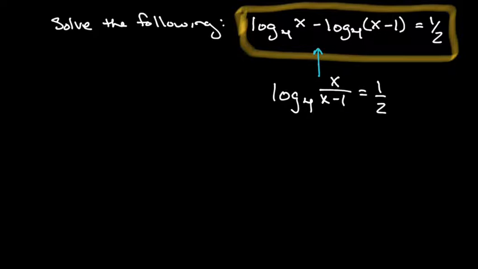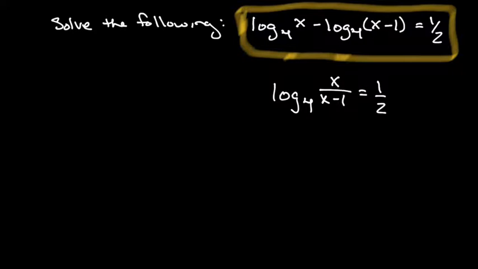Now, that ultimately solved all of the things that I had wanted, right? I wanted x in one spot, inside of one log. I wanted to be able to convert it to an exponential, which means I needed one log. And so now I can go ahead and convert it into an exponential equation.